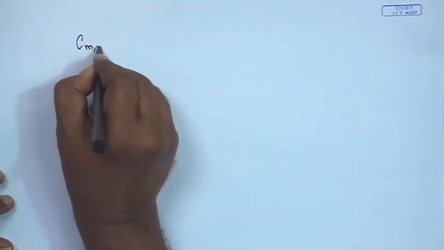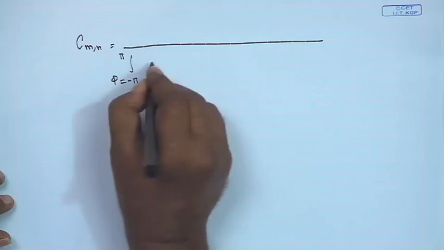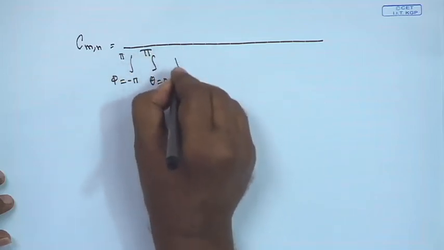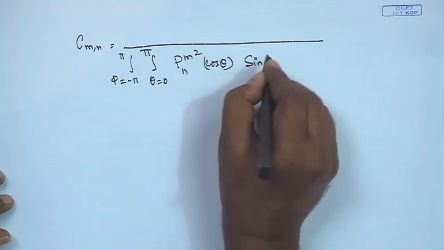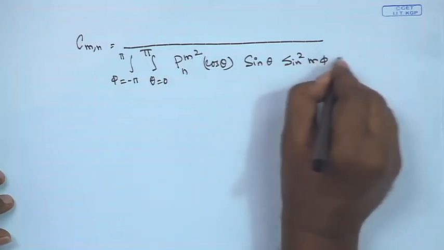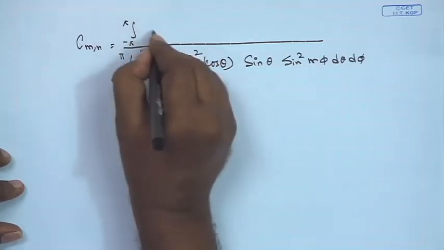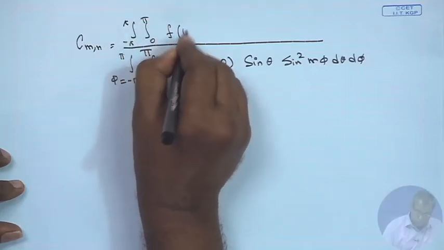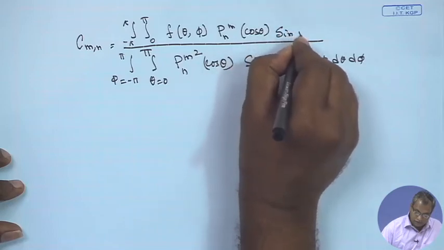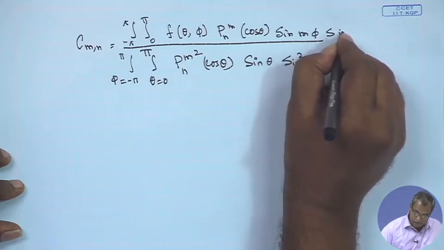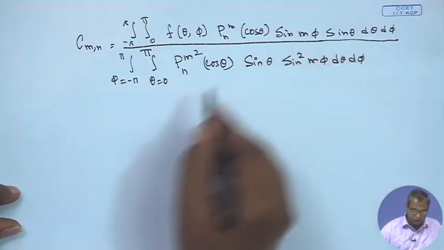So C m n now becomes phi is equal to minus pi to plus pi, theta is equal to 0 to pi, P n m square cosine theta sin theta sin square m phi d theta d phi, and in the numerator we will be having minus pi to plus pi, 0 to pi, f of theta phi P n m cos theta sin m phi sin theta d theta d phi, where sin theta is the weight function appearing in both denominator and numerator.